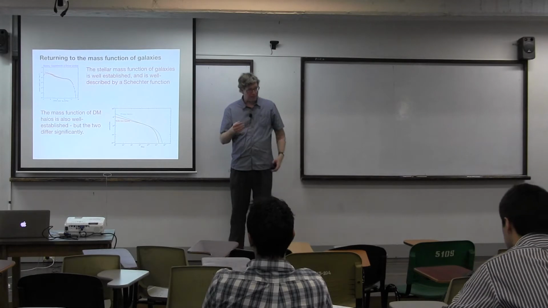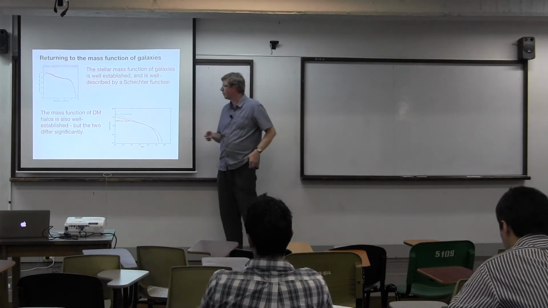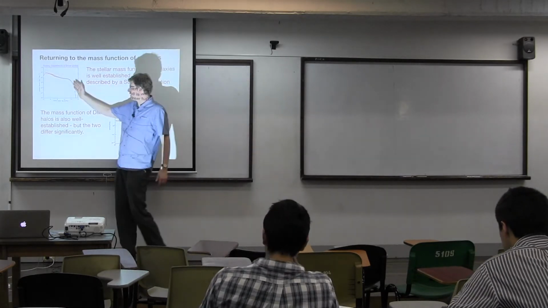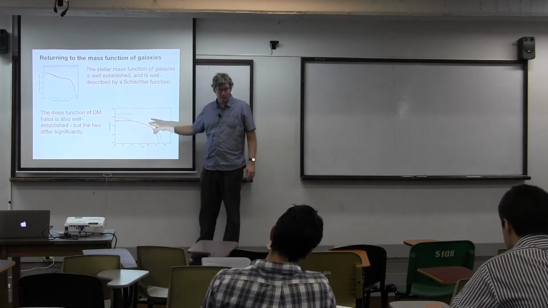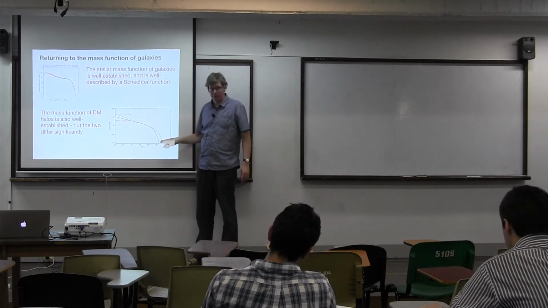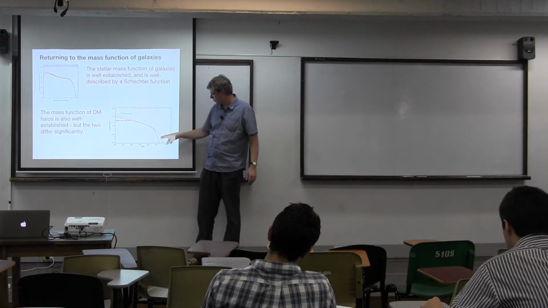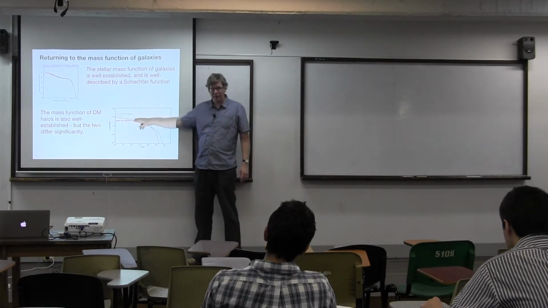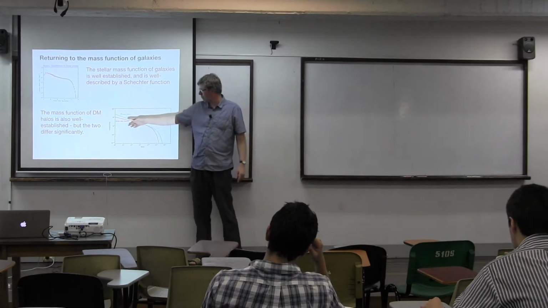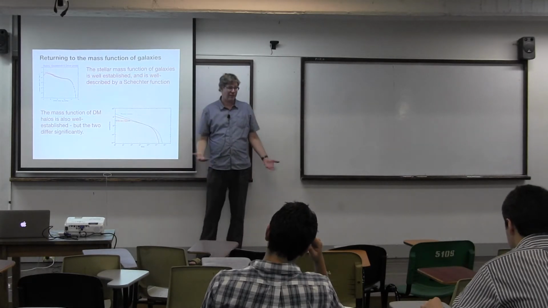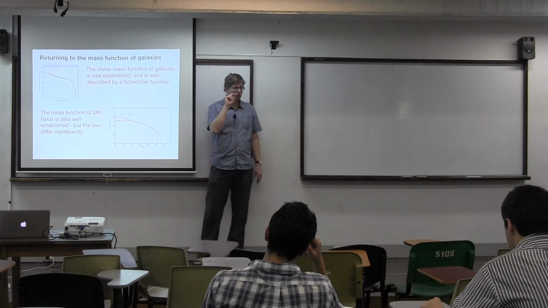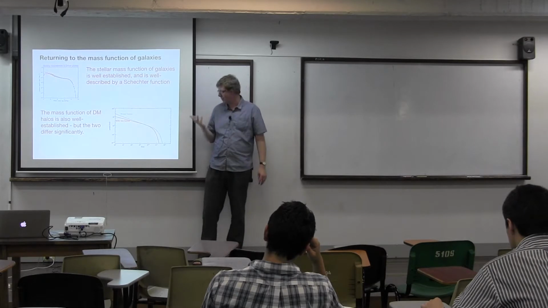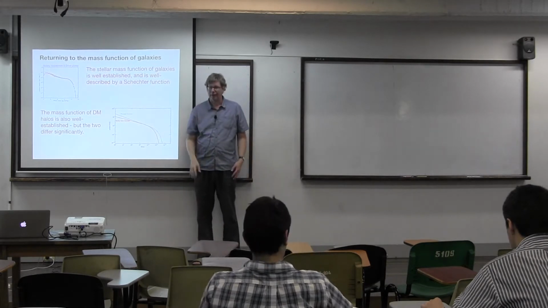So I talked about this a lot on Tuesday, that we have a stellar mass function, and yesterday we derived the mass function for dark matter halos, the Press-Schechter mass function, plotted in green here, and it had a different shape at the two extremes. So that hints at a problem. It's not so easy to say there's one galaxy per dark matter halo. Okay, that seems easy, but it's not going to work here.